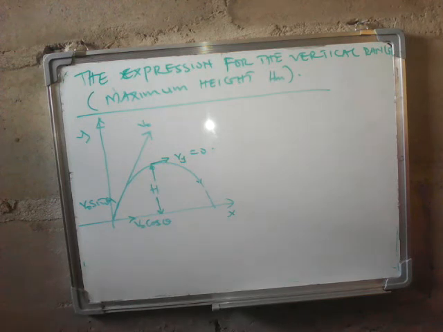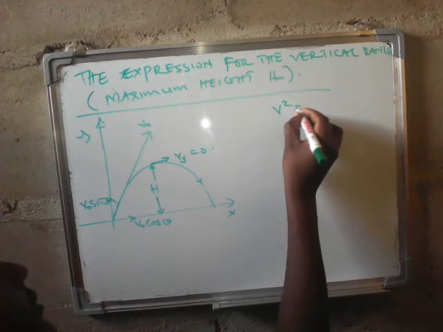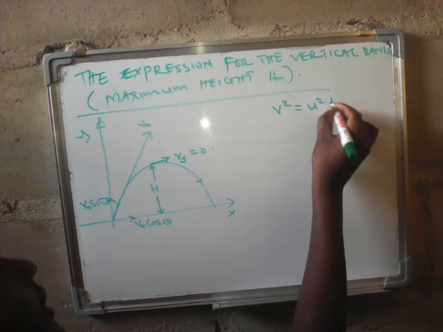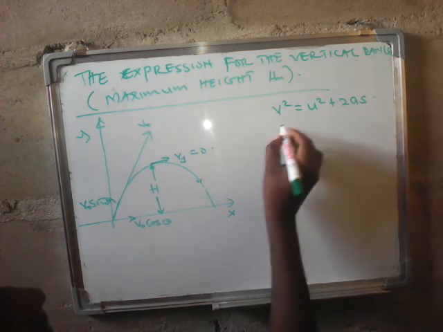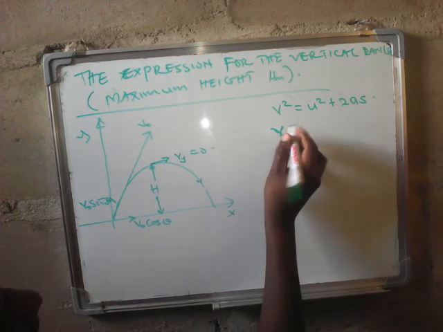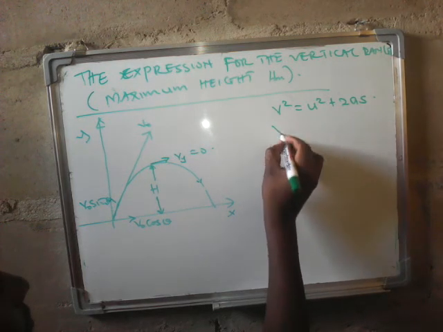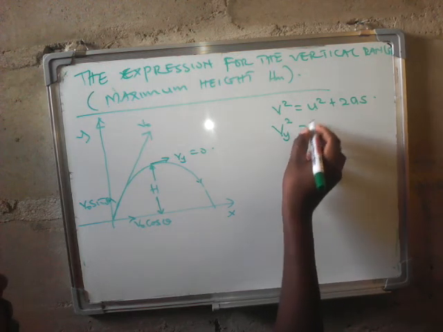From that point, we shall use the third equation of motion, which states that v squared is equal to u squared plus 2as. So our Vy squared, but this is initial, are we together?